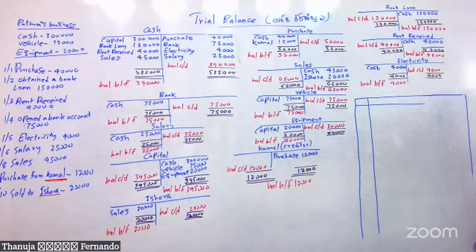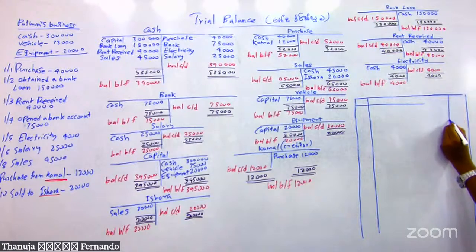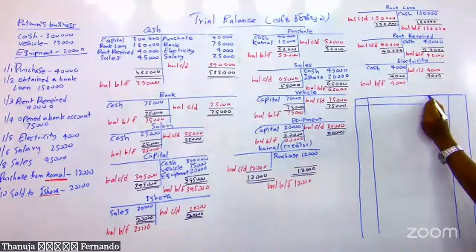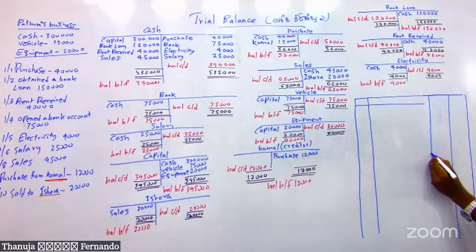Right now you can see the board. This one credit side and this one debit side.